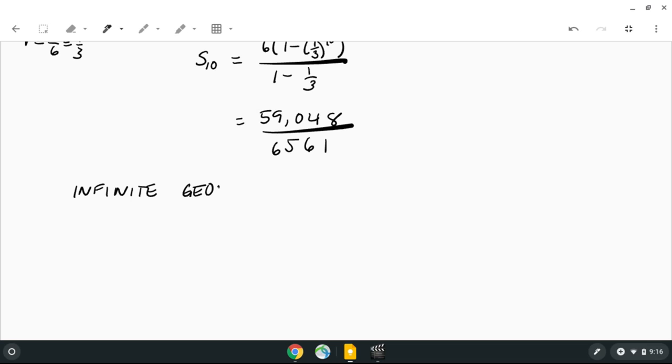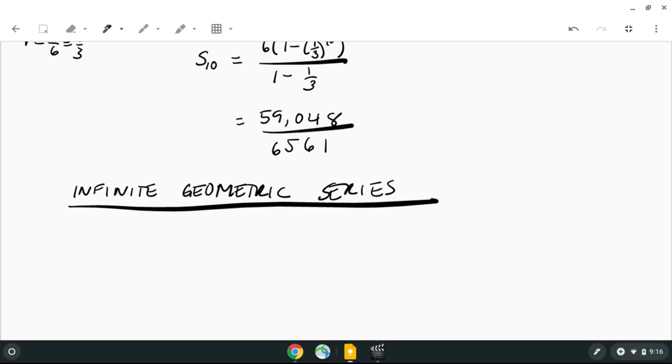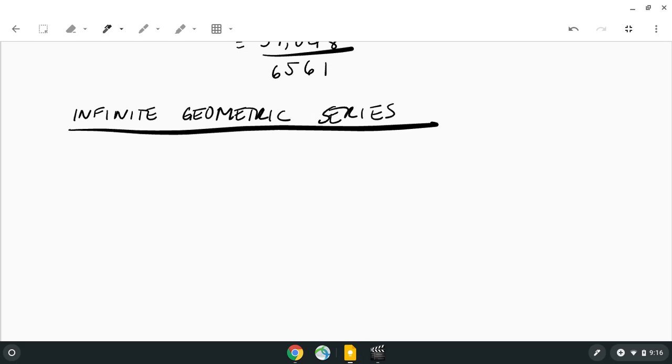Infinite geometric series. The formula for this one, that's a little infinity symbol here.